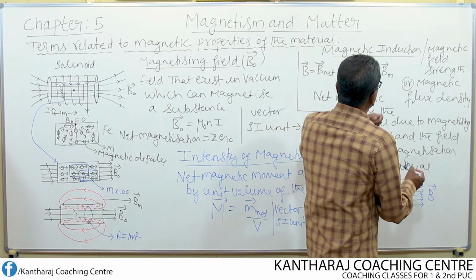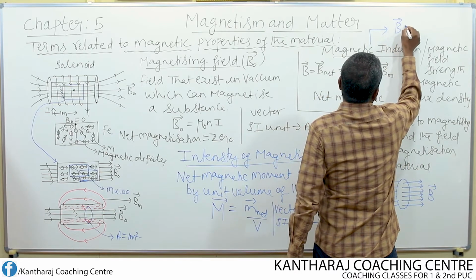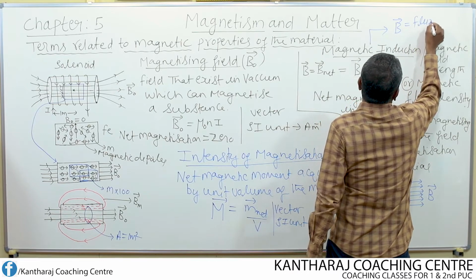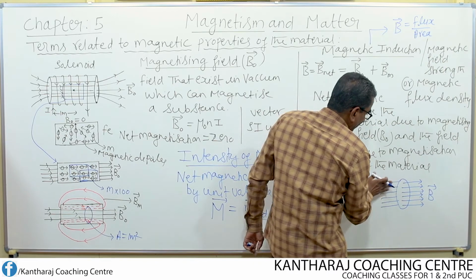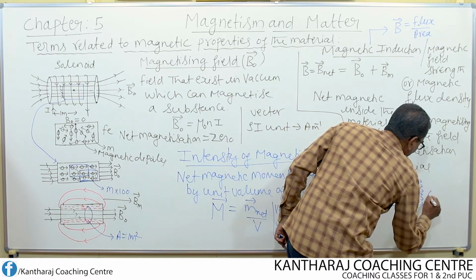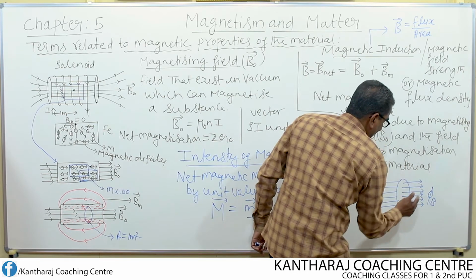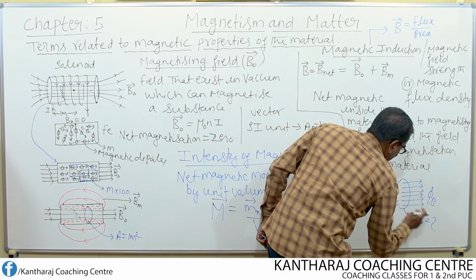What does that mean? It is nothing but, look at this, magnetic induction is given by B equal to flux by area. Flux means magnetic lines of force. So if phi b is the magnetic flux through this area, then what is the magnetic induction through this area?